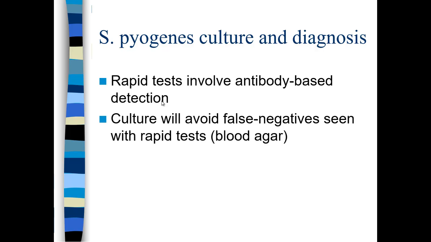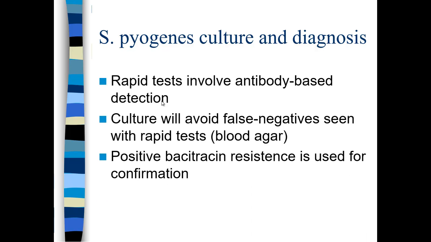And they'll also use antibiotic tests, which I will be demonstrating after spring break, to show positive bacitracin resistance. Okay, so you just take an antibiotic disc, put it on a Kirby-Bauer plate, do a Kirby-Bauer test, and then you see, do you have strep pyogenes resisting the bacitracin?